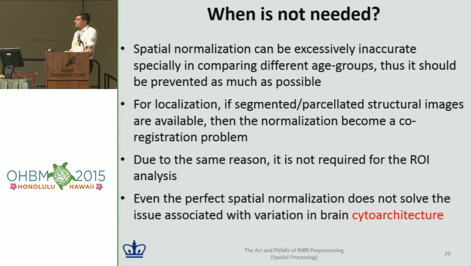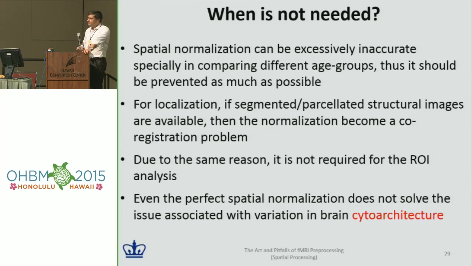Due to the same reason, it is not required for ROI analysis. So remember, spatial normalization is not required if you're doing ROI analysis. So I, as a person who does fMRI data analysis, always try to get away, especially in our group that works with lots of aging data. I try so hard to stay away from spatial normalization. And I'll show you in a minute why.